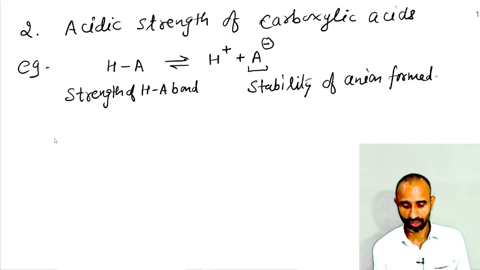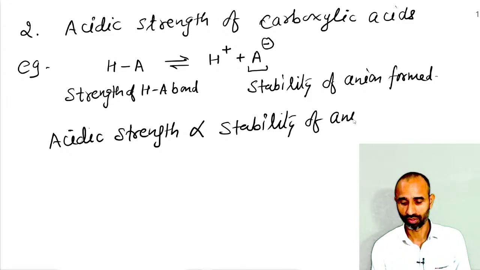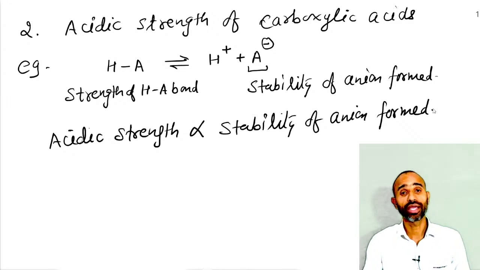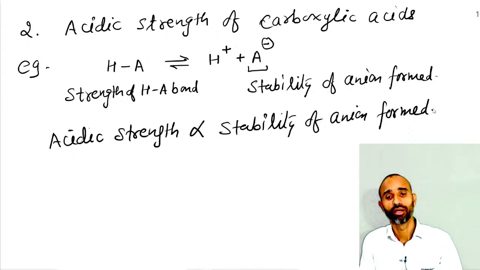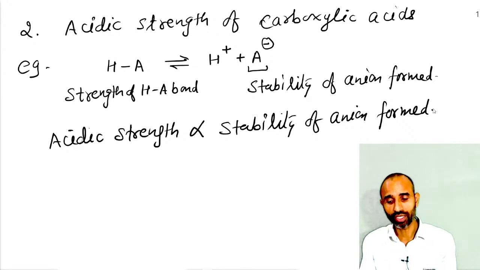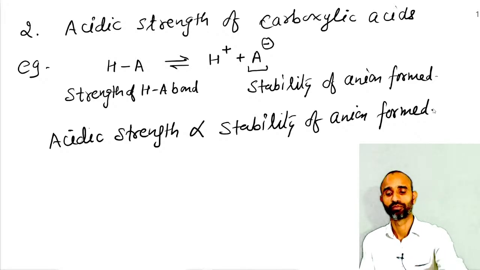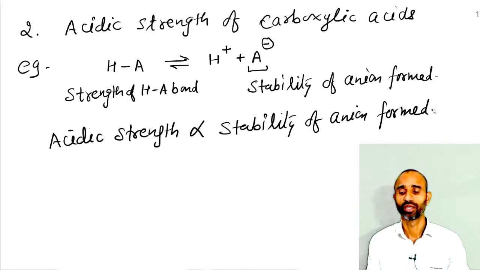So that means acidic strength is proportional to stability of the anion formed. So tell me, how do we increase the stability of the anion formed?